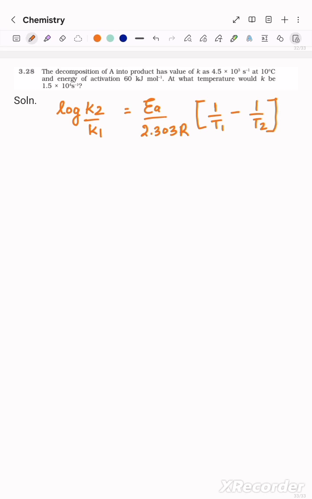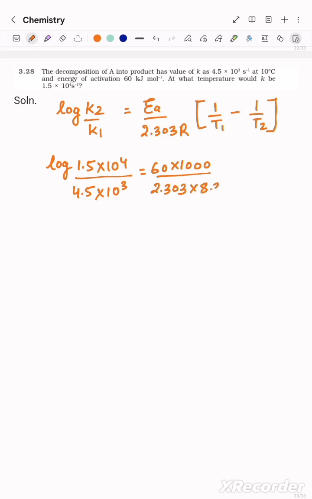Now putting the values here, log K2 will be 1.5 multiplied by 10 to the power 4 upon 4.5 multiplied by 10 to the power 3 is equal to energy of activation 60 kilojoule means 60000 upon 2.303 into R, which is 8.314, the gas constant, and here 1 by T1.